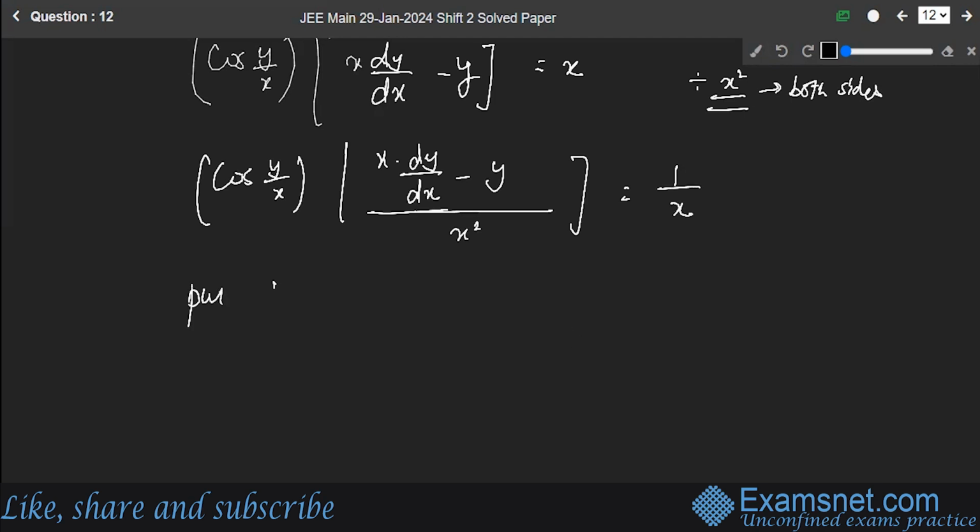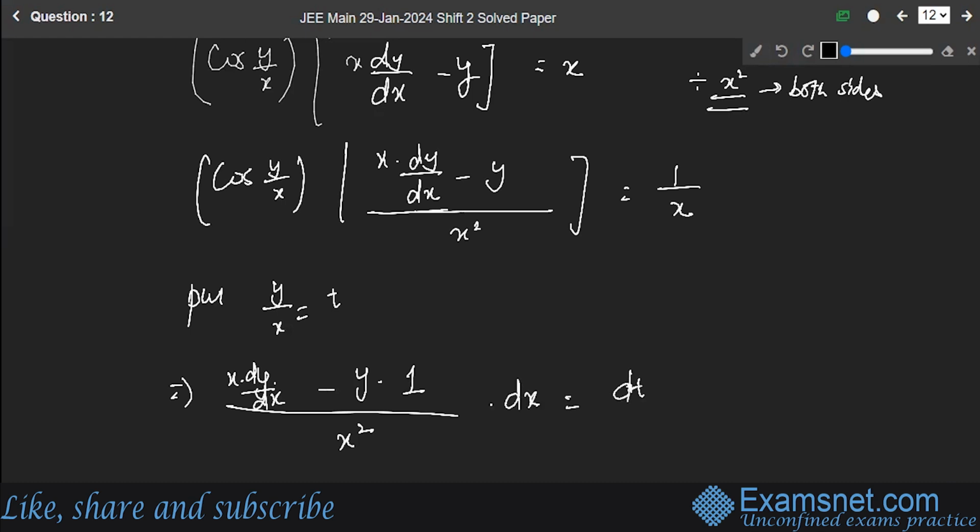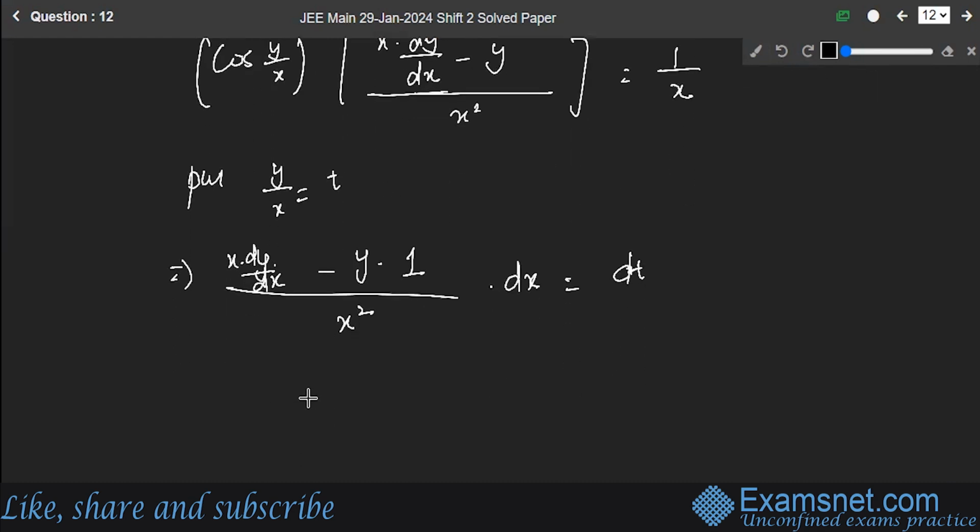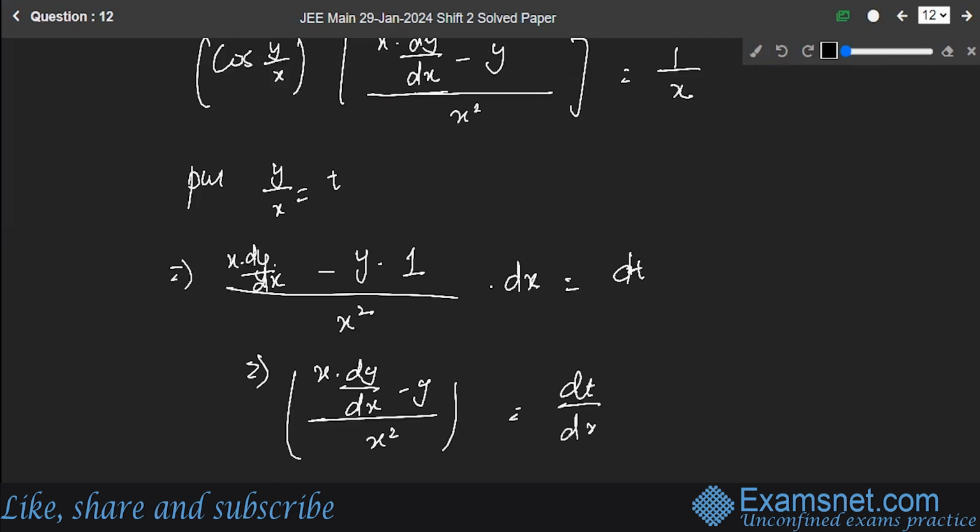Now let's put y by x is equal to t. Differentiating both sides with respect to x, you have x square, first function, dy by dx minus second function's derivative of first, divided by x square, is equal to dt by dx. Let's write it in a clear way: x into dy by dx minus y upon x square is equal to dt upon dx. Let's fill this in the equation.